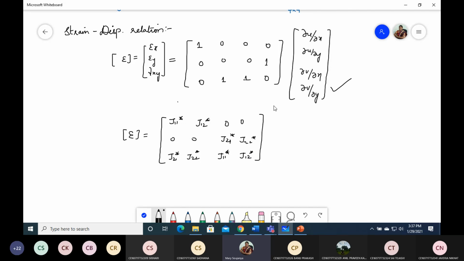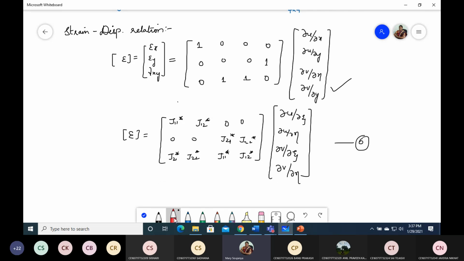into dou u by dou xi, dou u by dou eta, dou v by dou xi, dou v by dou eta. This is equation number 6.